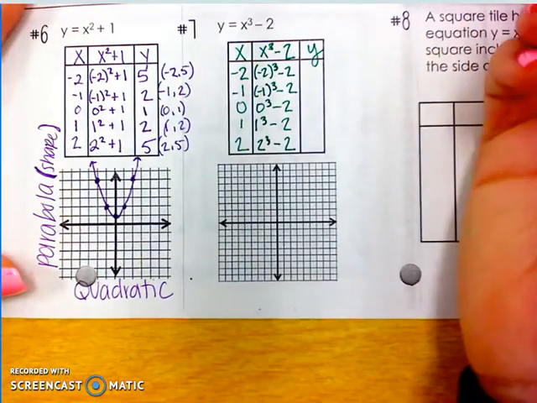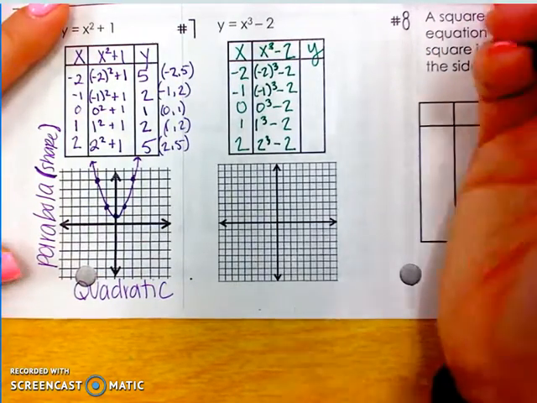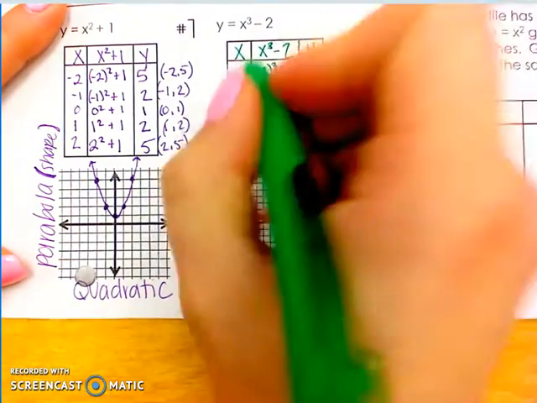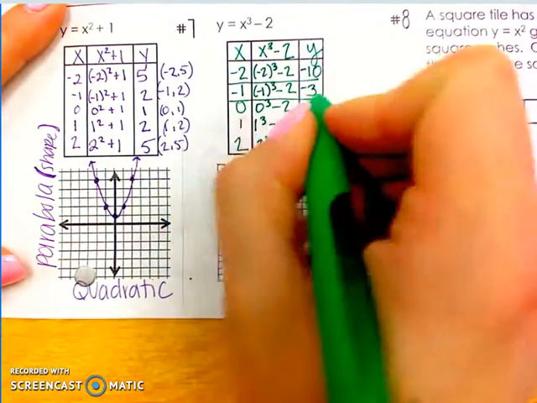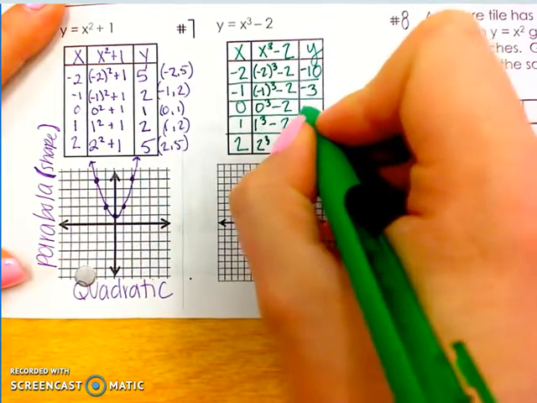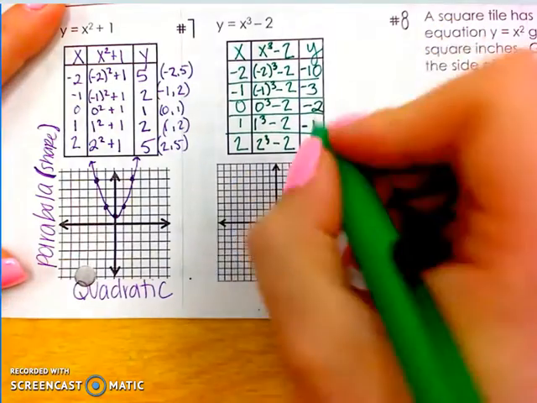Now you can pause the video to compute that. We have -10, -3, -2, -1, and 6.